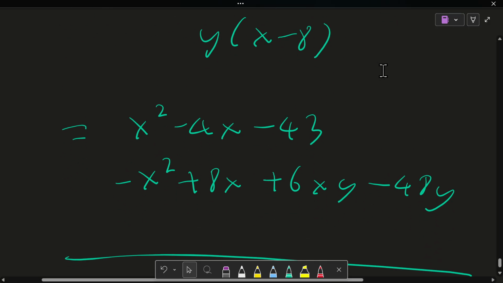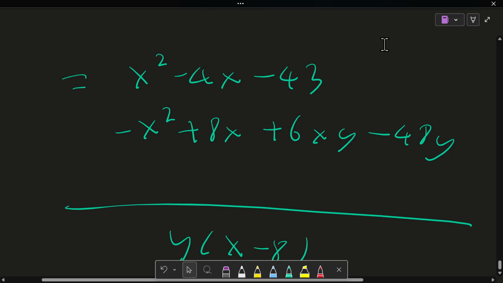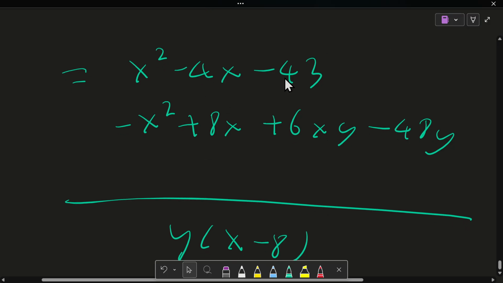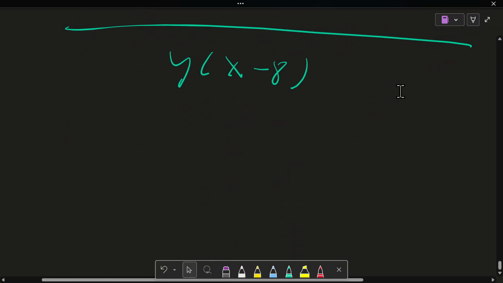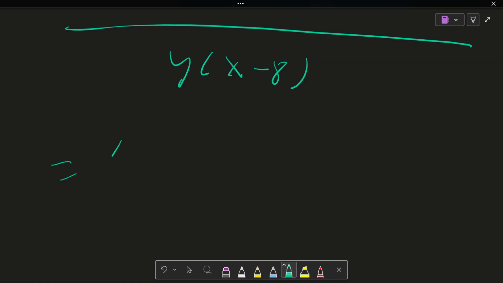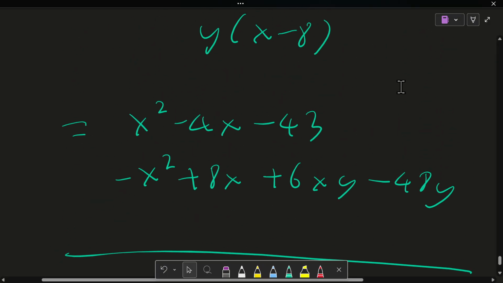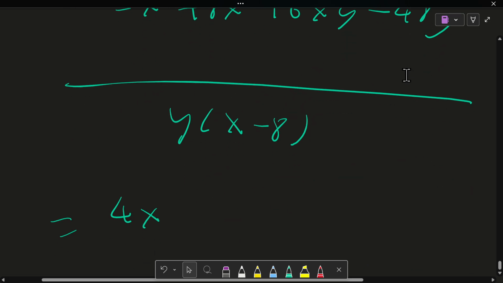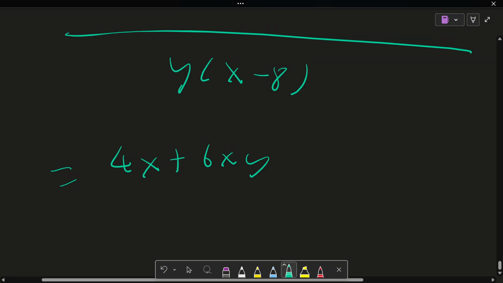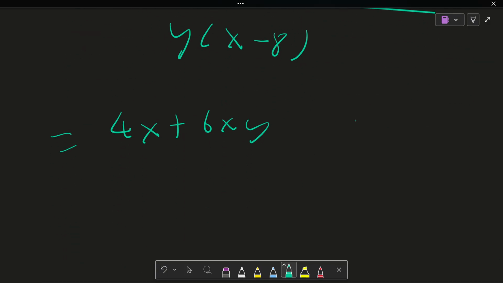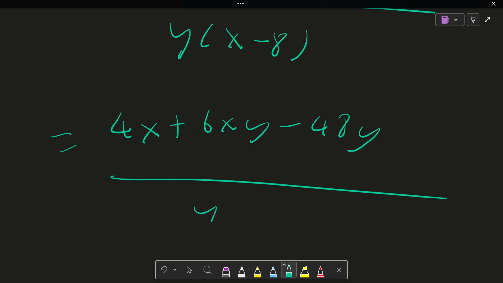Okay, so x squared goes away, so then 4x remains. So it becomes 4x plus 6xy minus 48y over y times x minus 8.